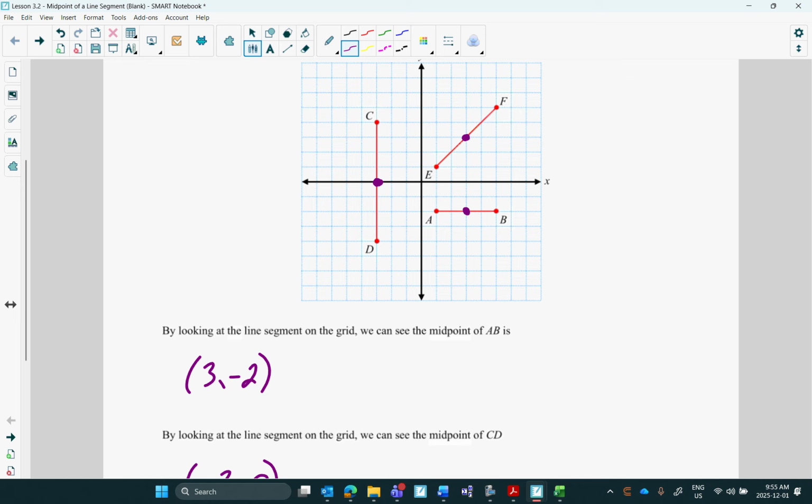And one of the words that I used when we were talking about midpoint at the beginning was the halfway point. How would you find a halfway number between 10 and 2? Would you count, or is there another way? What's the number halfway between 10 and 2?